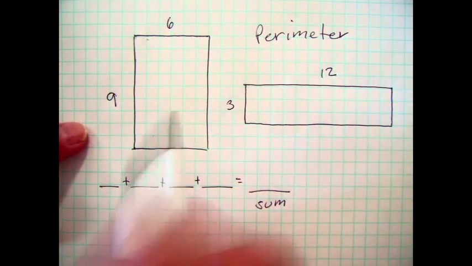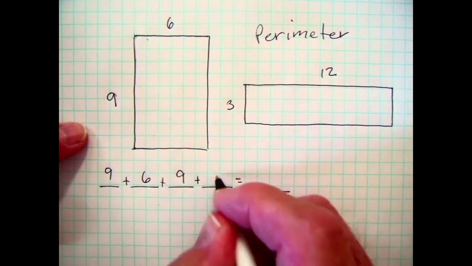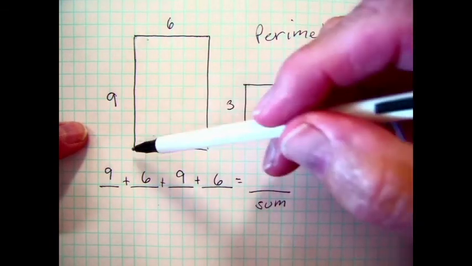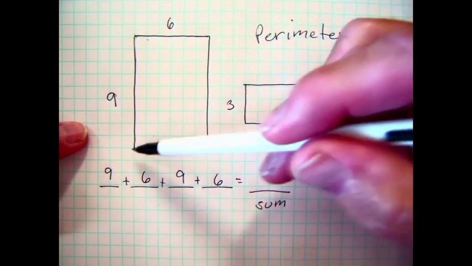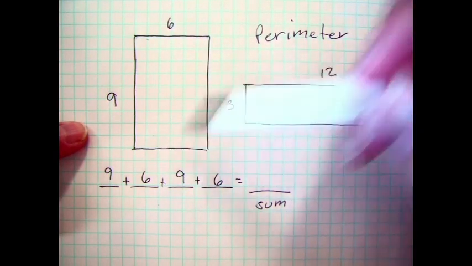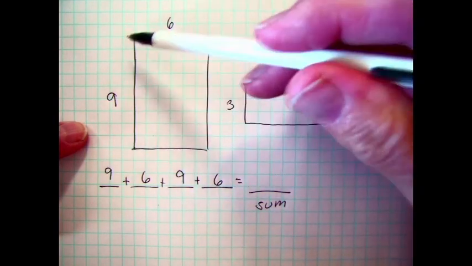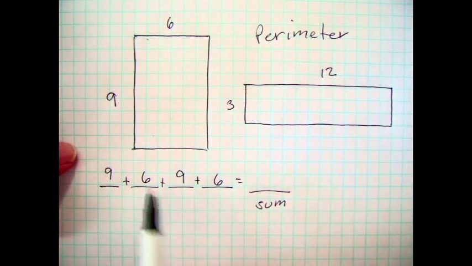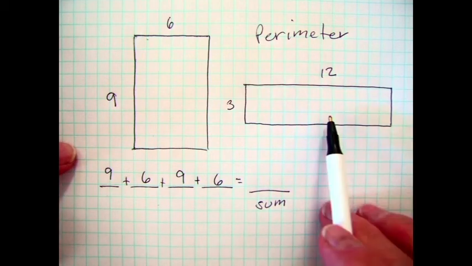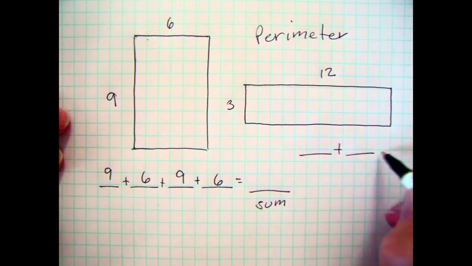So for this rectangle, I have 9, and I have 6, and I have 9, and I have 6. I have 9 here, 6 here, 9 here, and 6 there. Even though I haven't written in these 2 numbers, I know I'm adding up the sides. And there's 4 sides, so I need 4 numbers in each space, and they're going to repeat themselves. 9, 6, 9, 6.